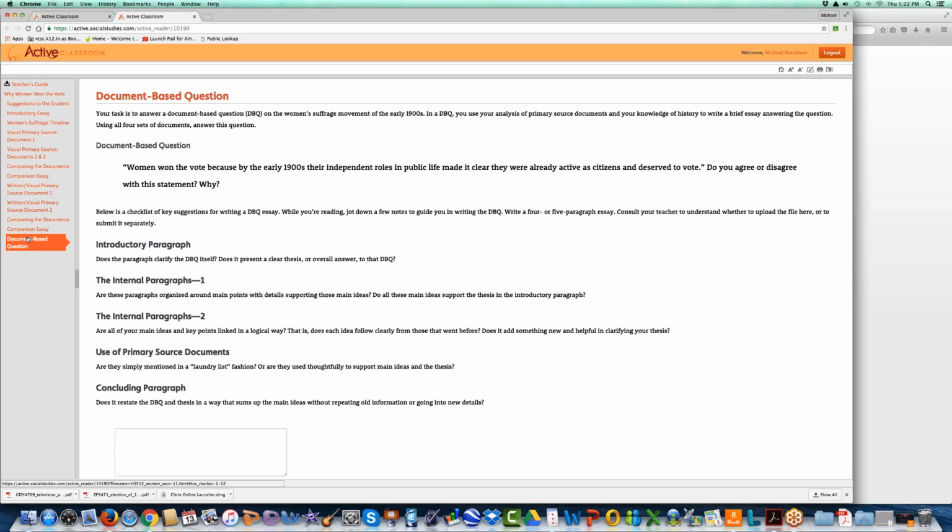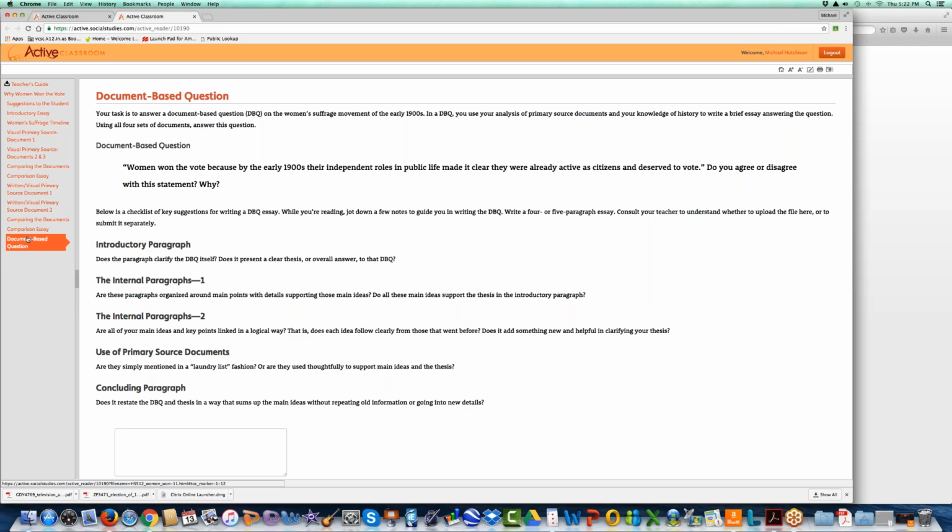And the one for this activity is: women won the vote because by the early 1900s, their independent roles in public life made it clear that they were already active as citizens and deserved the vote. Do you agree or disagree with this statement, and why? So what the student has to do is use the evidence that they've seen and write an essay based on what they see in the different resources, the different documents that they've seen.